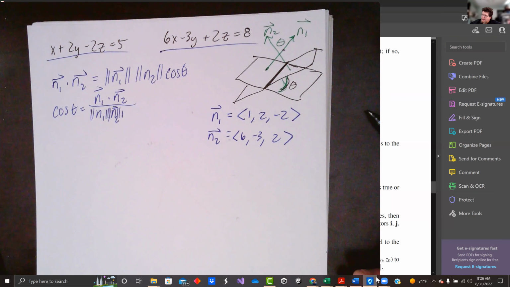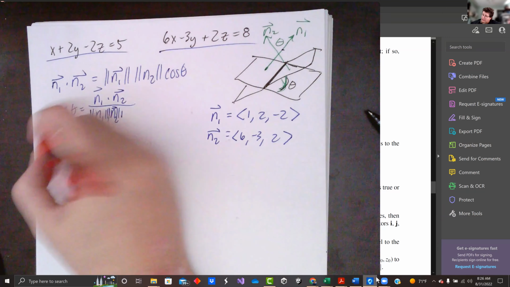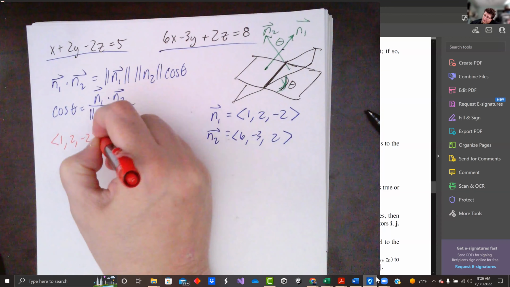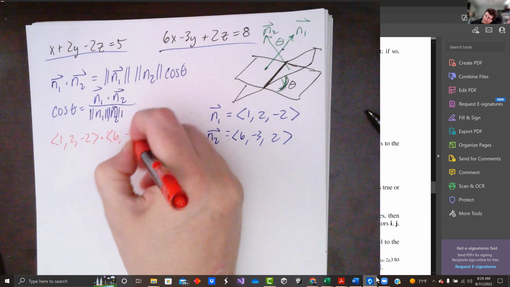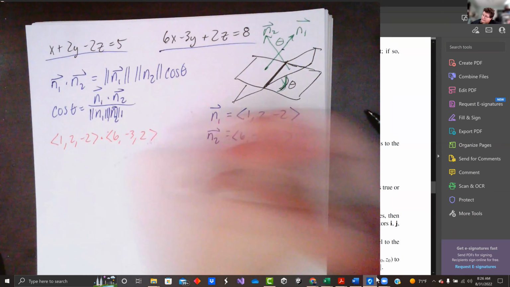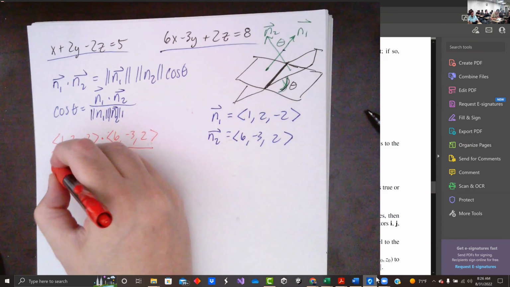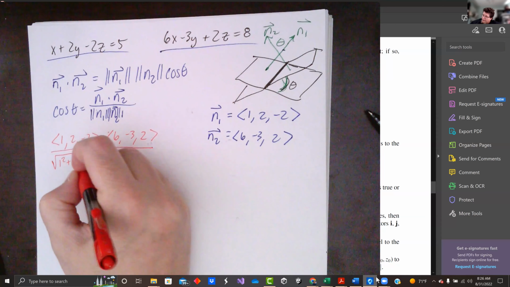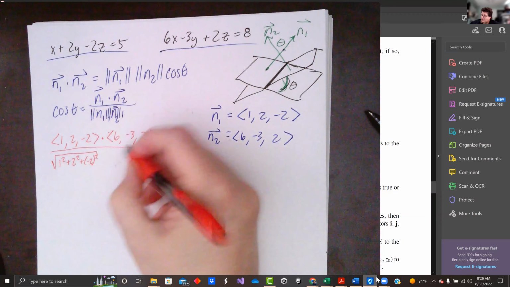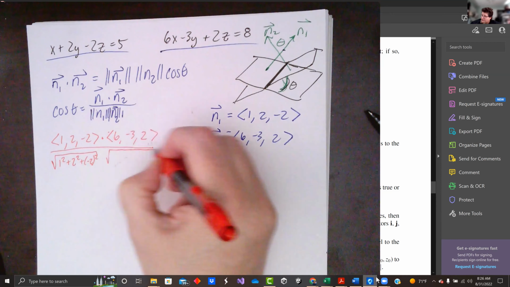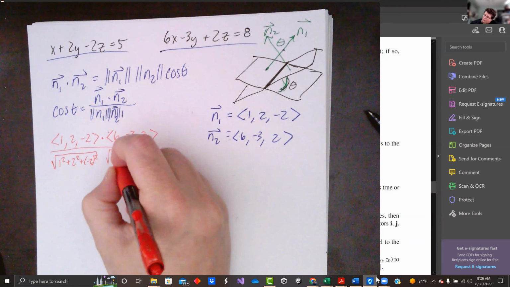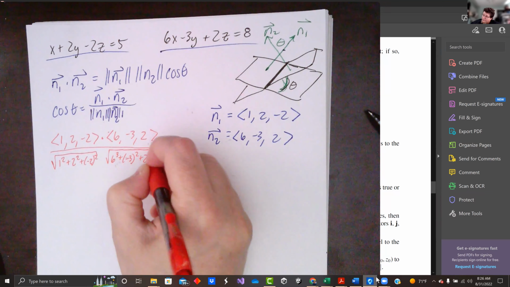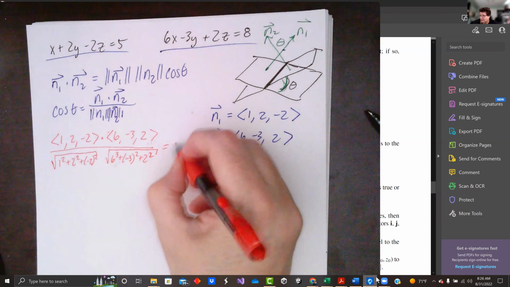All right, let's do it. What's n1 dotted n2? We've got 1, 2, -2 dotted with 6, -3, 2, all over magnitude of n1, which is 1 squared plus 2 squared plus -2 squared, and magnitude of n2, which is 6 squared plus -3 squared plus 2 squared. And that's my cosine theta.